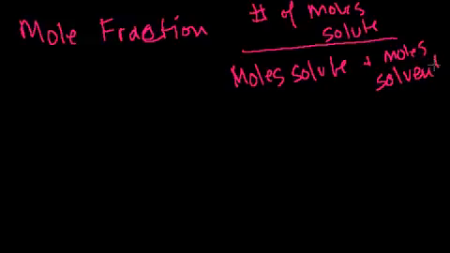And we did this when we figured out the partial pressure problems, because in order to figure out the partial pressure of something, you just figured out what the total pressure is, and then you said what is the mole fraction of, say, oxygen in the mixture, and then you multiply that times the total pressure, and you got the partial pressure.